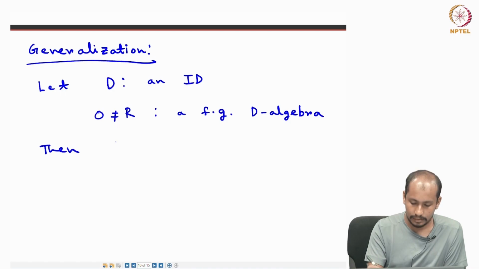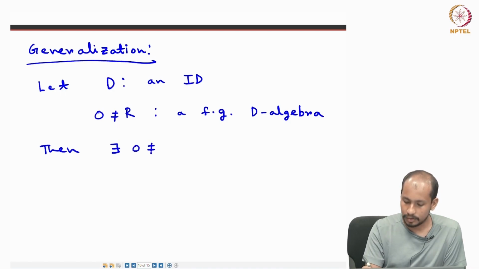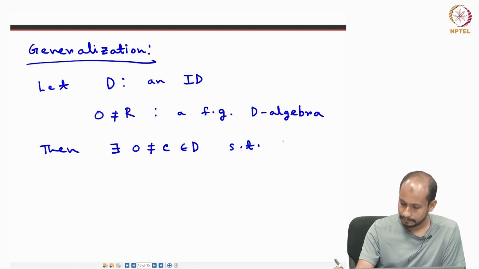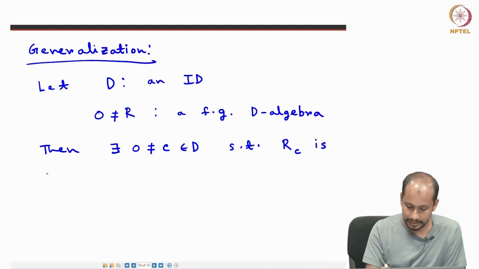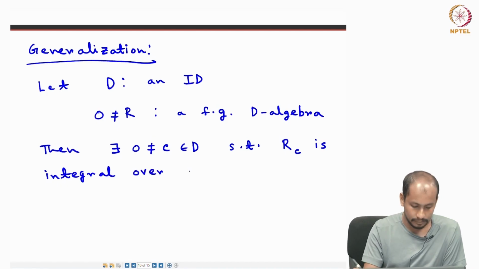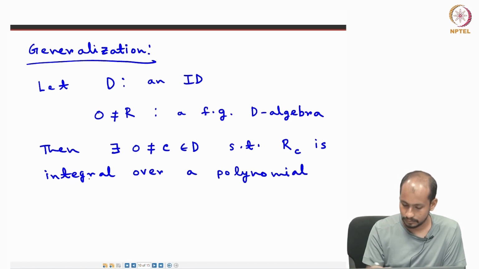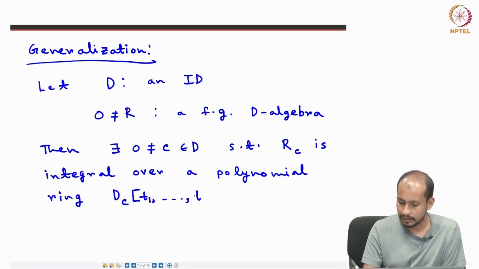Then there exists a non-zero element C inside D such that this R localization at C is integral over a polynomial ring D localization at C, T1 up to say Tr. So this is a generalization.